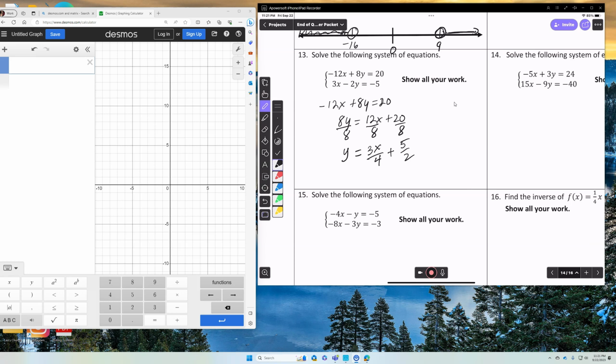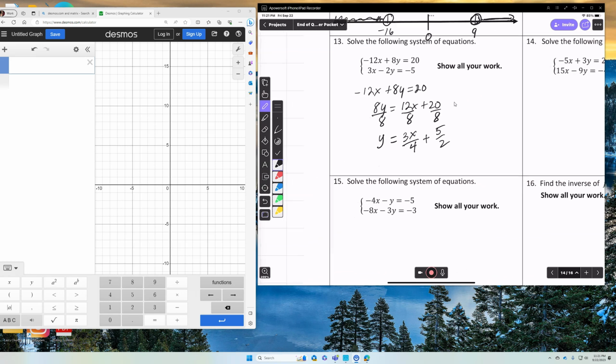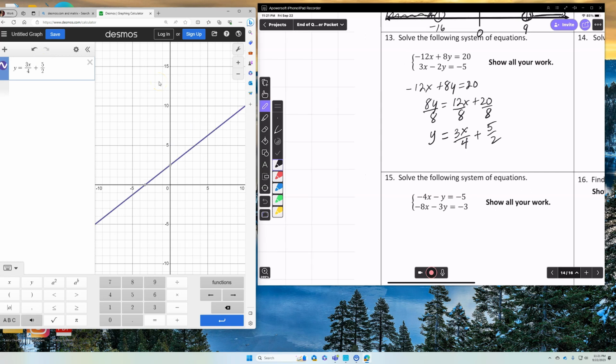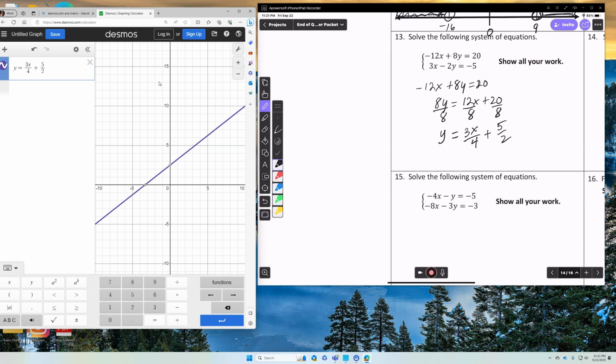And if you want to already type it into Desmos, you can. So we're going to type in the equation y equals 3x over 4 plus 5 divided by 2. Okay, so we're not quite done yet. So we have 3x minus 2y equals negative 5. So I'm going to go ahead and solve for y.